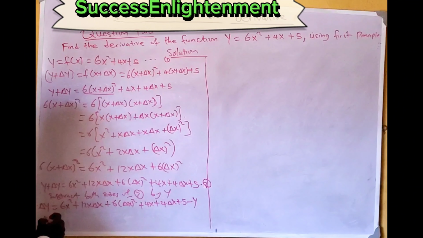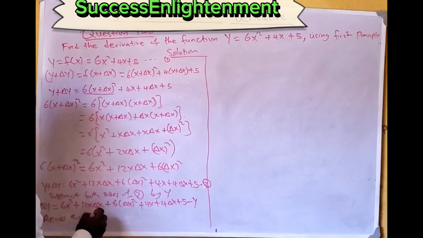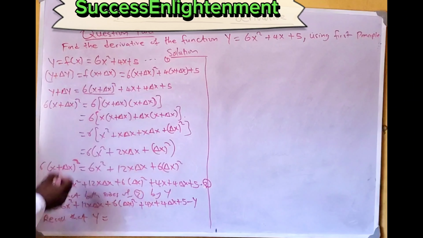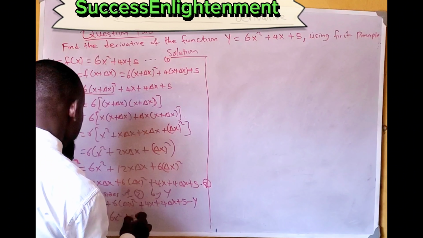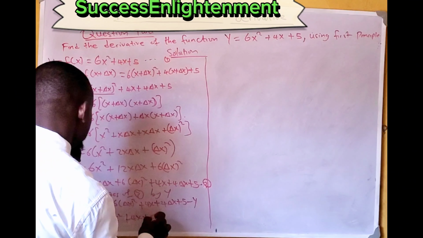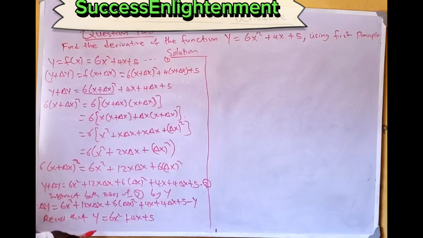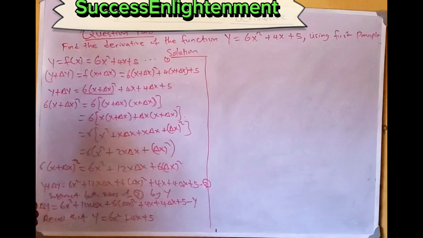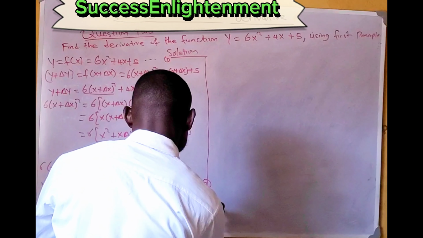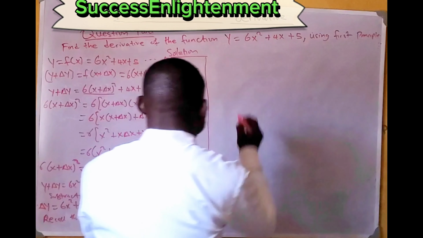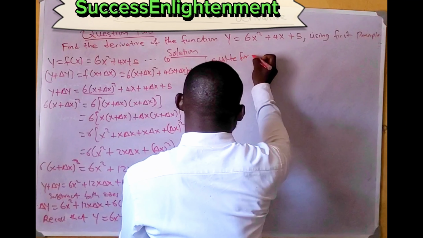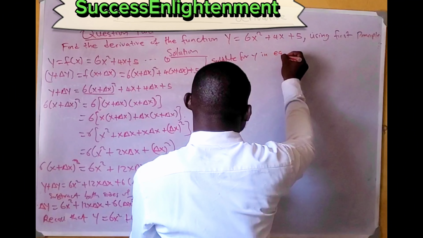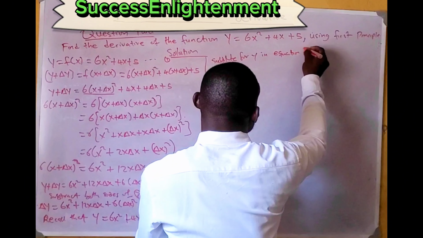Now recall that our y equals 6x squared plus 4x plus 5. So we substitute this for y in this equation. Let's call this equation 3. So we substitute for y in equation 3.